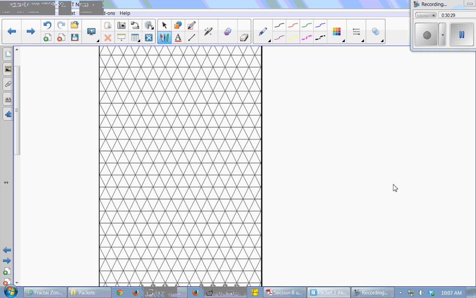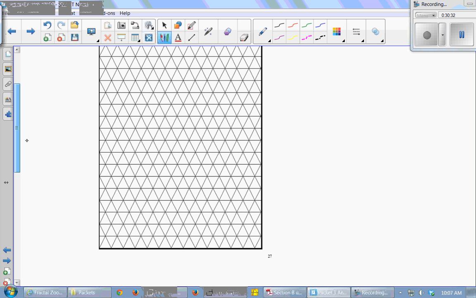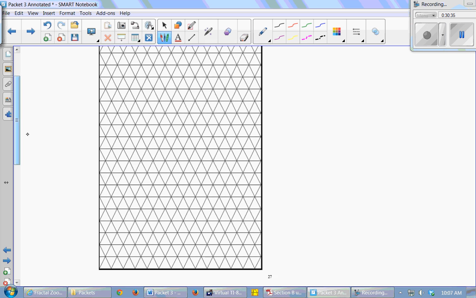Okay, so I'm going to create a seed triangle that is 9 units on each side. I'm going to try my best to draw it in the middle of this paper. So if I have my top there, I count 1, 2, 3, 4, 5, 6, 7, 8, 9 units down. And then 1, 2, 3, 4, 5, 6, 7, 8, 9 units. And connect.